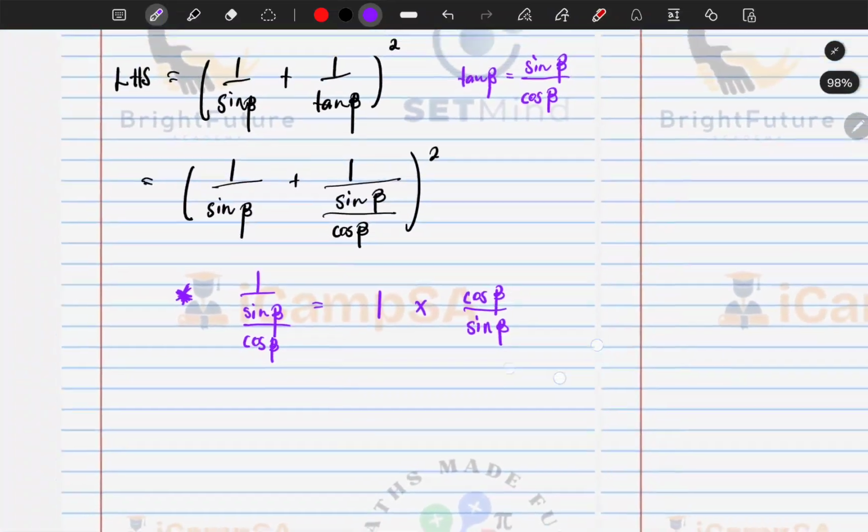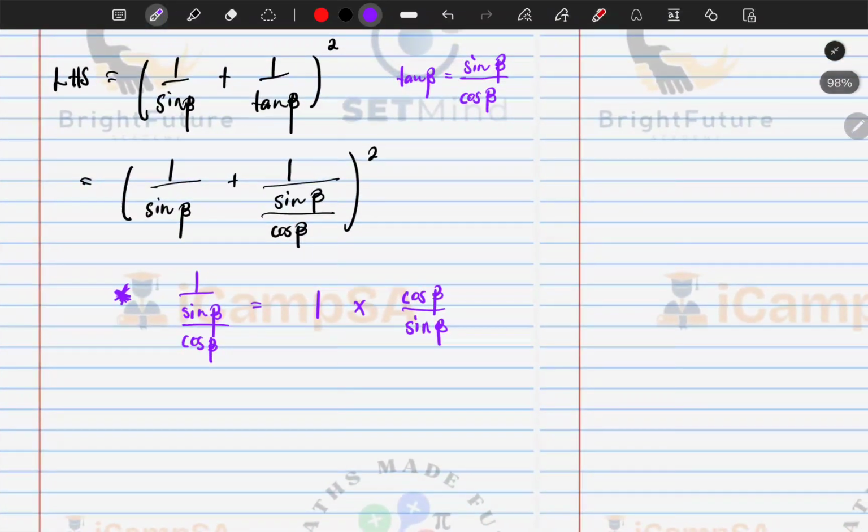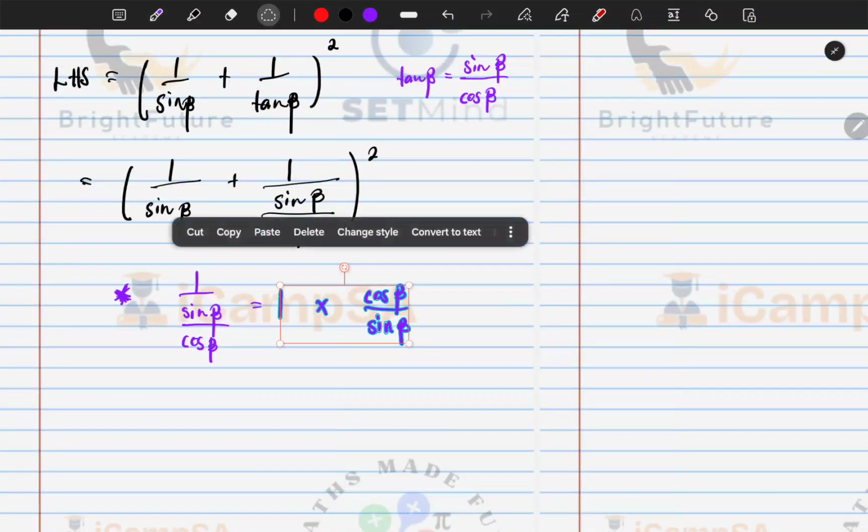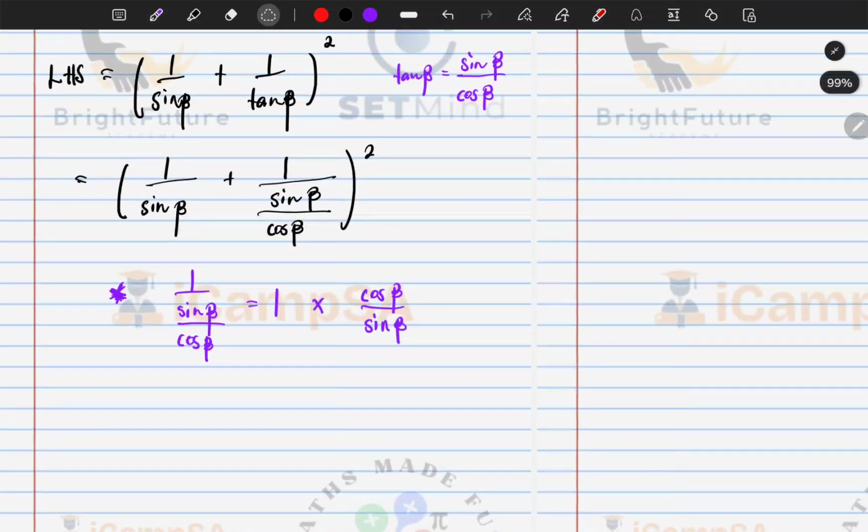I will just substitute that, which essentially is the same thing as cos of beta over sine of beta.